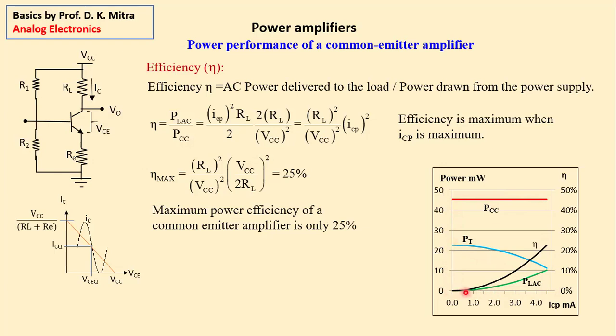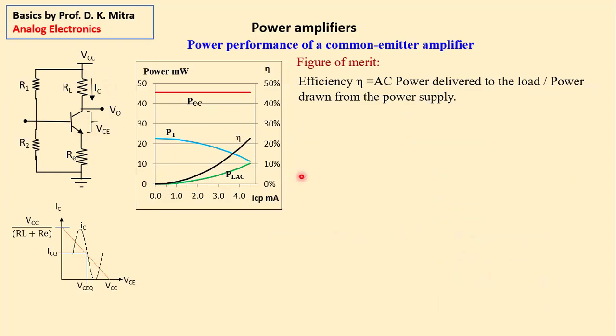As the signal increases, the output sound power increases, and at the same time, the power dissipated in the transistor decreases, right? So it is as if there is a trade-off of power between the output load and the transistor. And efficiency also increases as your signal increases. When your signal is maximum, efficiency is 25%, right?